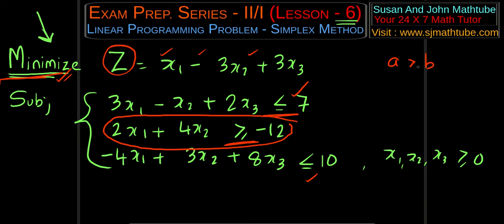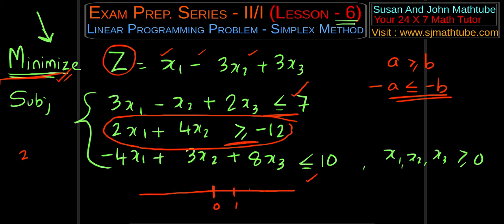If you have a greater than b or greater than or equal to b, you multiply throughout by negative, the inequation will get reversed. Let's look at the number line. This is our origin. This is 1, this is 2, this is 3, this is 4. And on this side, minus 1, minus 2, minus 3, minus 4.